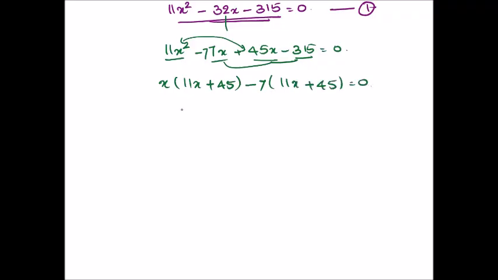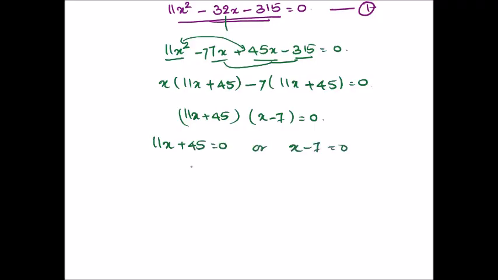That is 11x plus 45 into x minus 7 is equal to 0.